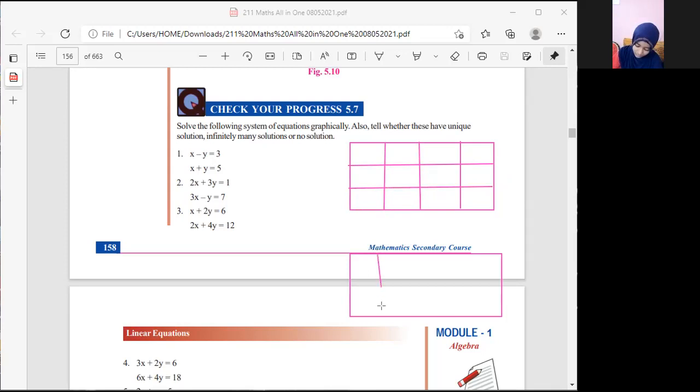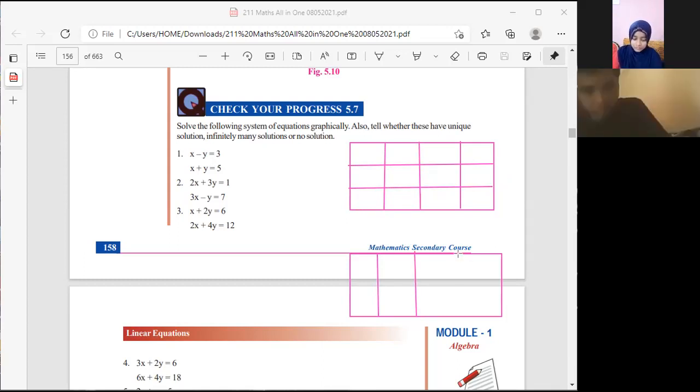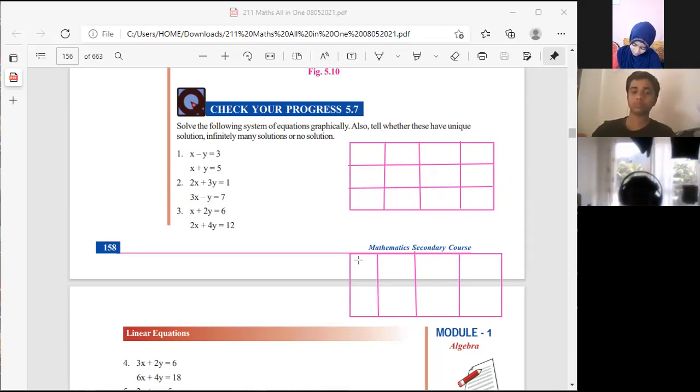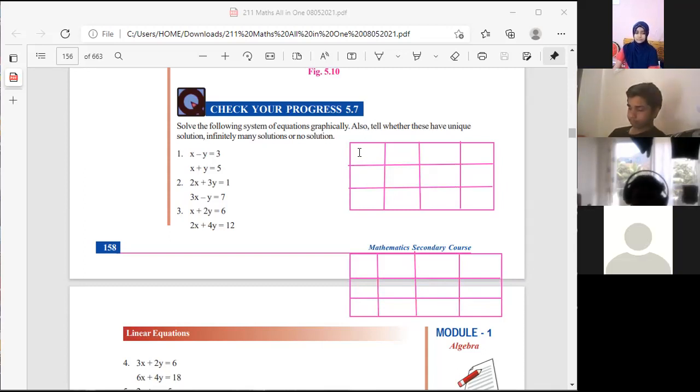Just make boxes like this very quickly. We are doing linear equations with two variables and we are solving them graphically. Graph book, right? You can do it on the writing page of the graph book.